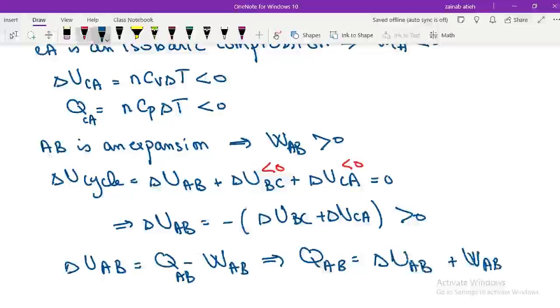Now we have delta U positive and work positive, so for sure QAB must be positive. So QAB is positive.